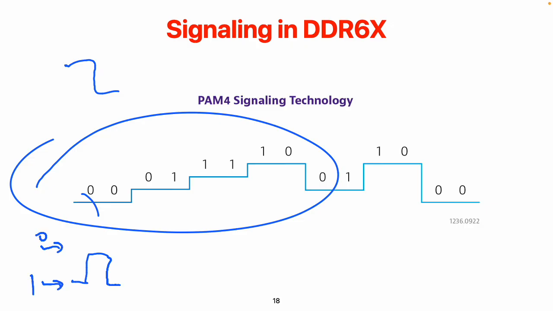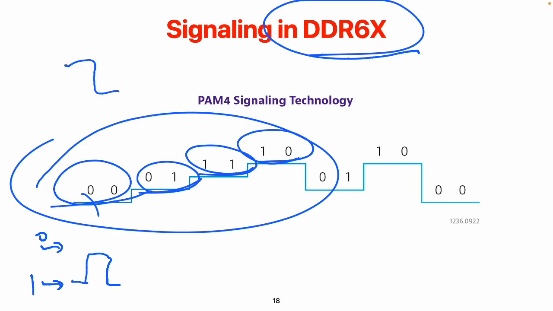But for GDDR6X signaling, they are able to subdivide the wave with multiple threshold voltages, to be like 10, 11, 01, and 00. So in this way, it's pretty much multiple bits per cycle. That's how they double up the bandwidth.